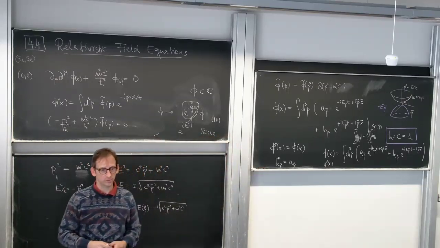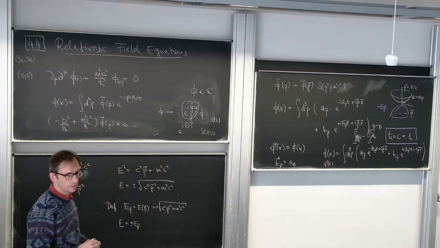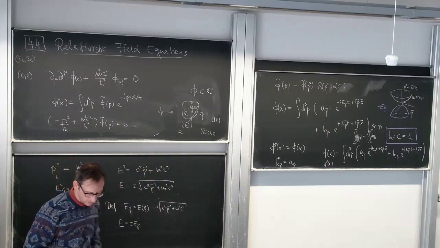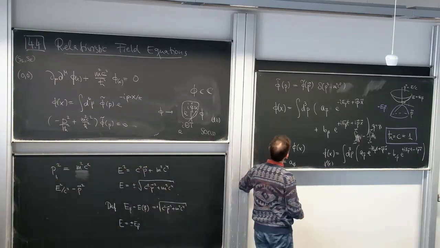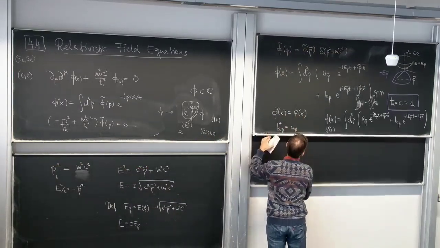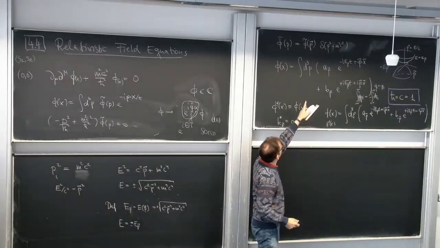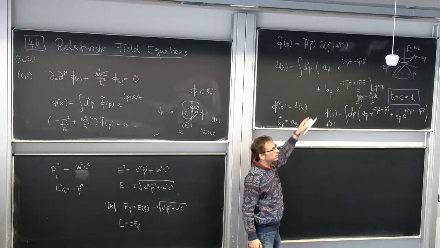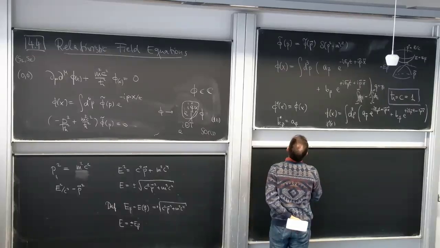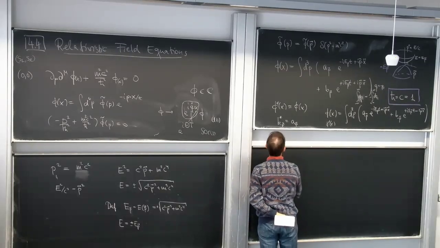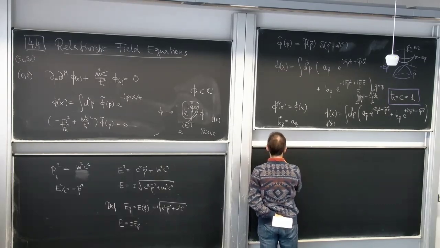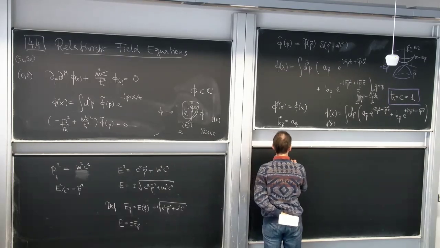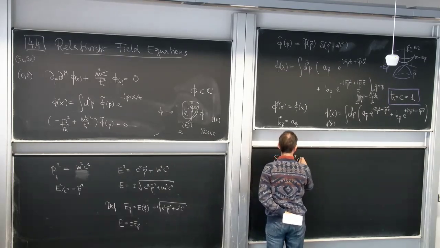Next question: why can we go with a 4-dimensional Fourier transform from x to p, but from p to x we do a 3-dimensional one? Because the short answer is I use the delta function. So delta of p squared minus m squared c squared.